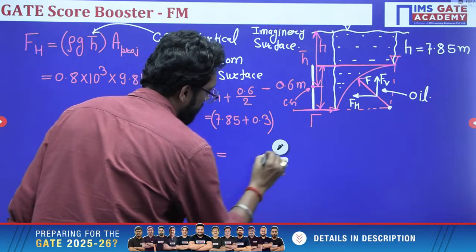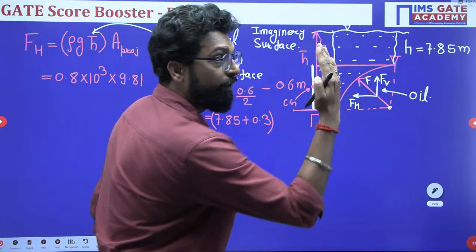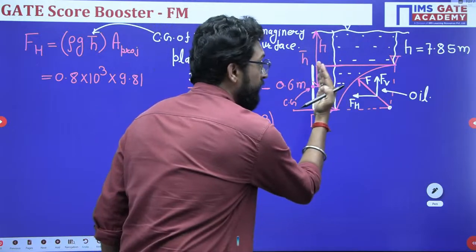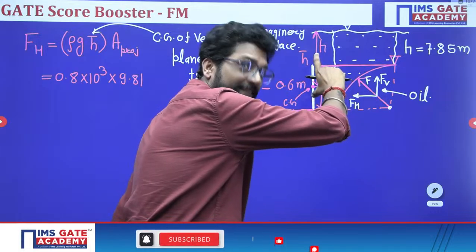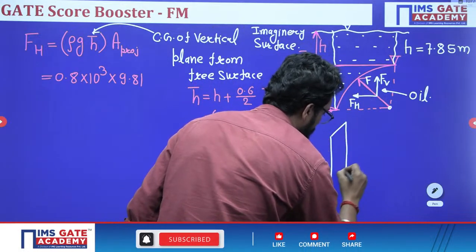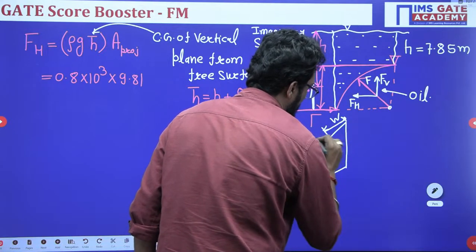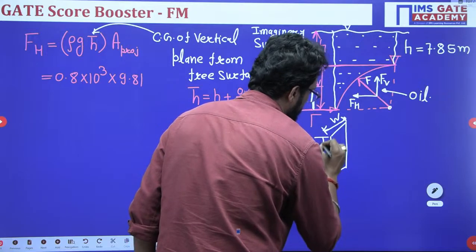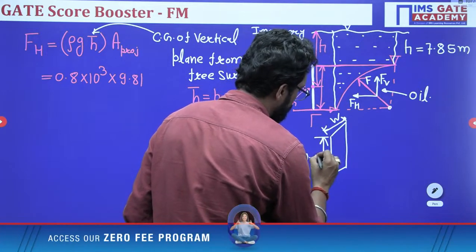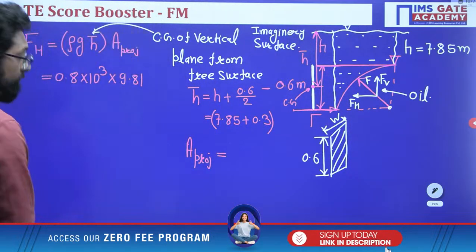And what is the area projection? This width into this height, that is the area. This is the vertical projection. So this is the width and this height 0.6, that is the area, and the width is given.